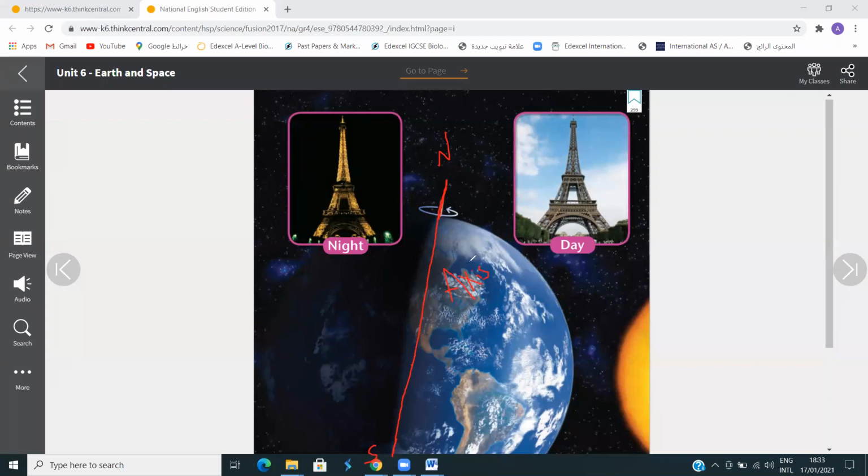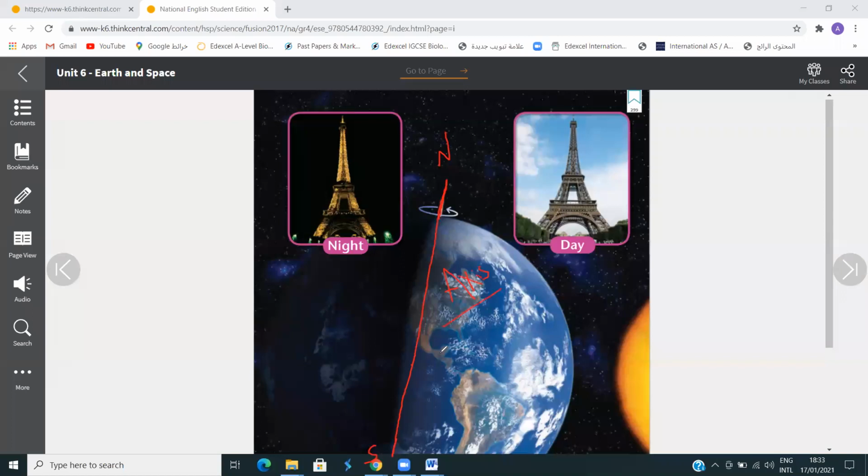What is the axis? It is an imaginary axis. It extends from the North Pole to the South Pole, and the Earth revolves around itself on it. I will repeat another time. The Earth revolves around itself, and this causes day and night. Why? Because of this imaginary axis.